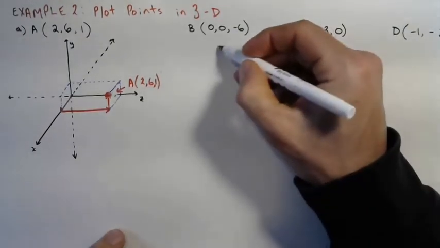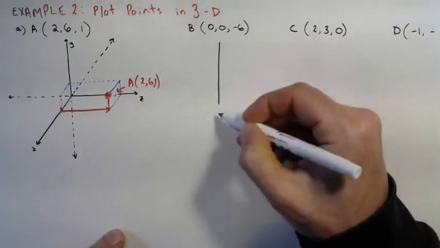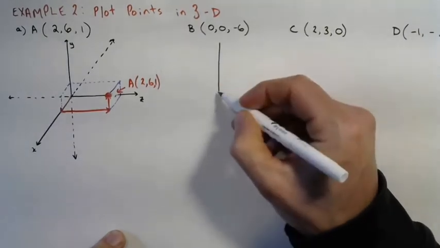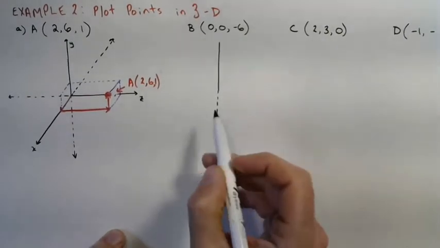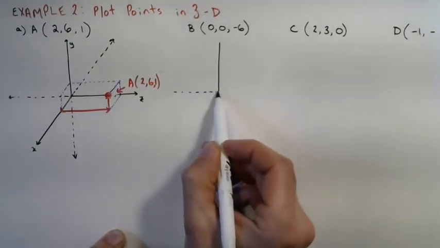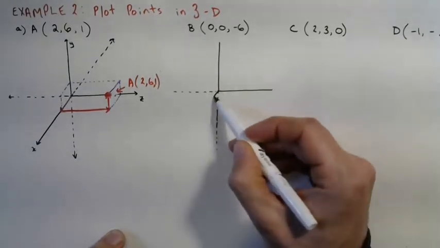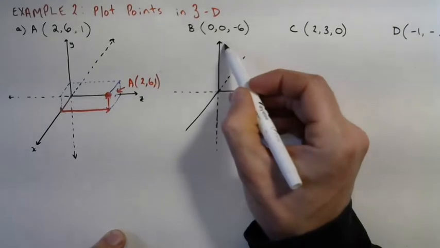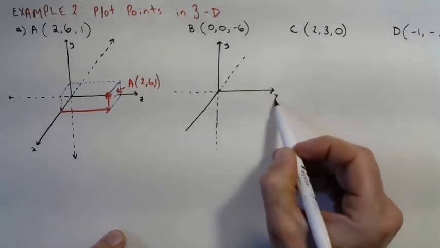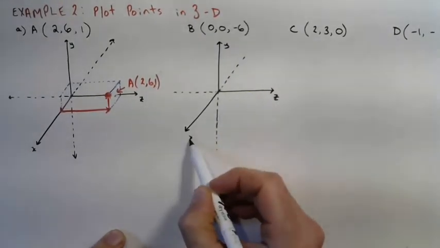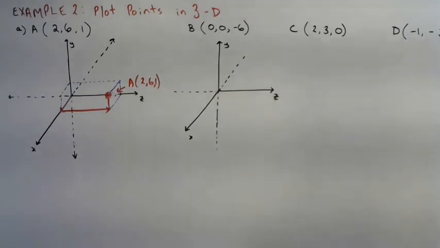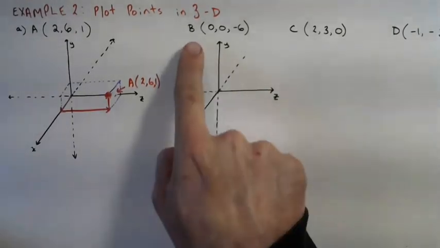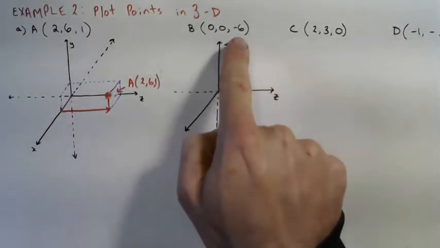Okay. I'm going to draw these diagrams just a little bit smaller. Okay, not so painful. Z, Y, X. And for point B, we've got 0, 0, negative 6.